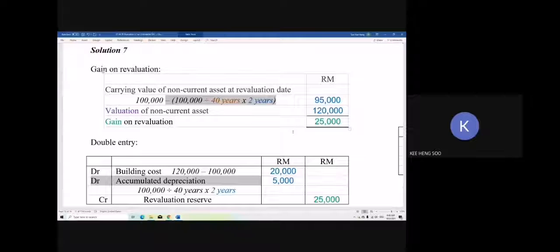I repeat, here there are two journal entries. You should debit accumulated depreciation 5,000 and credit building 5,000. So now your building is left with only 95. The second journal entry, debit building 25, credit revaluation reserve 25.